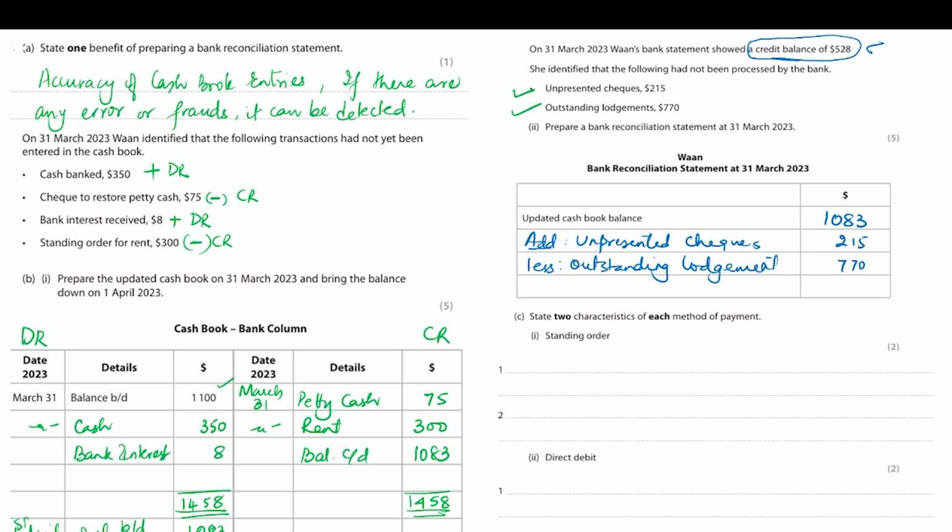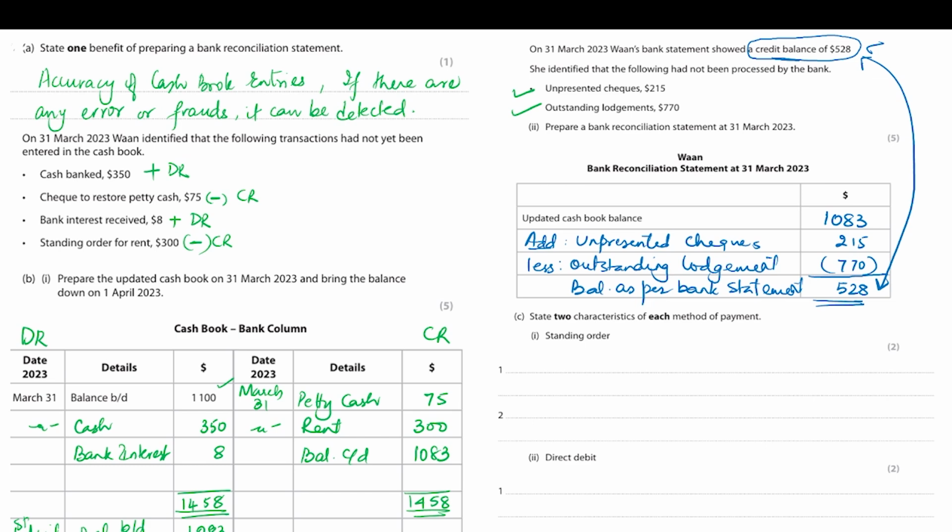We'll subtract. So finally, what we get is 528. Now see, this is the balance as per bank statement. This and this are tallying, so our working is correct.